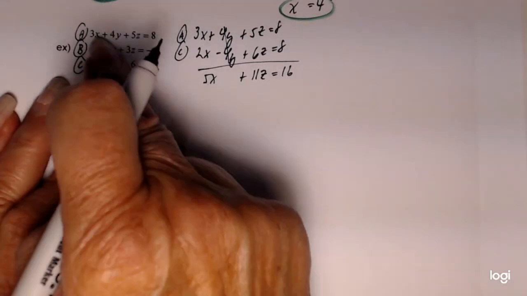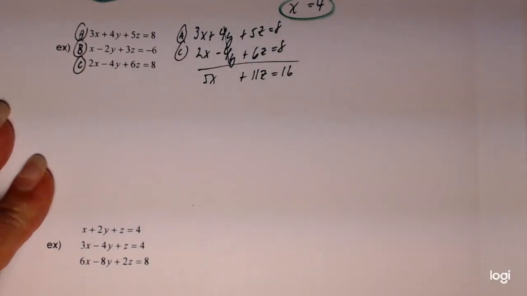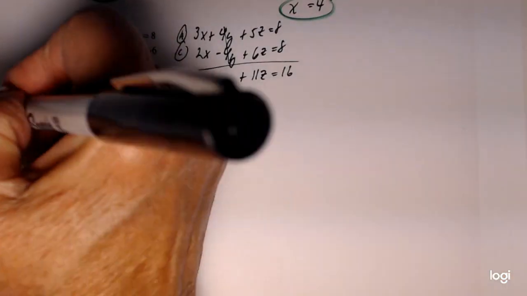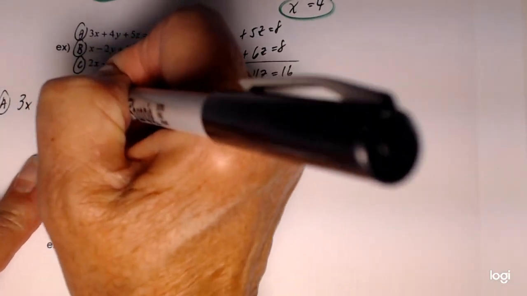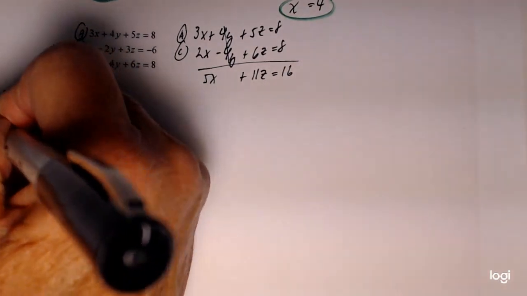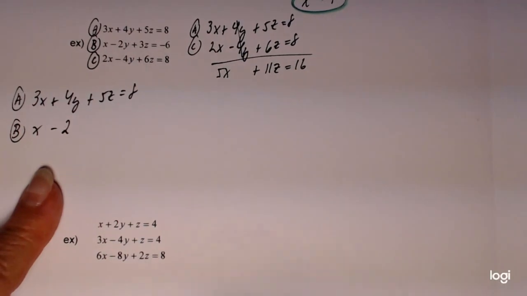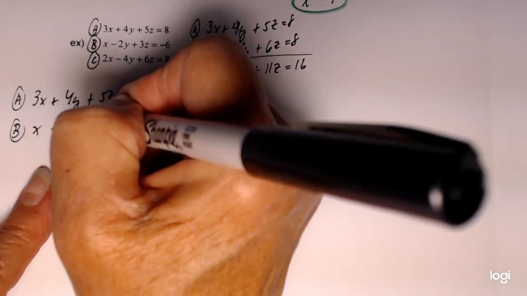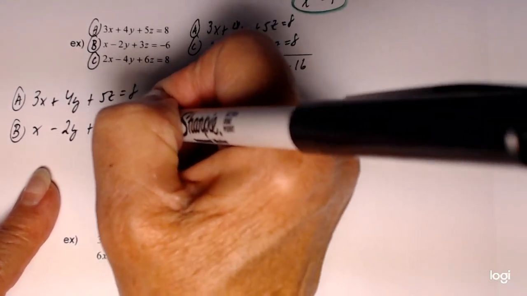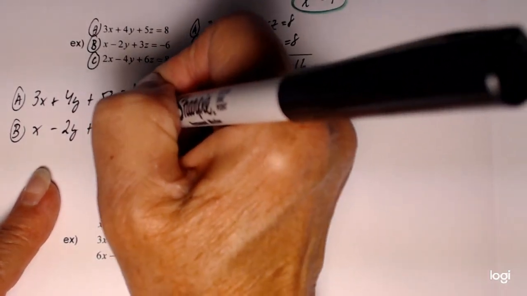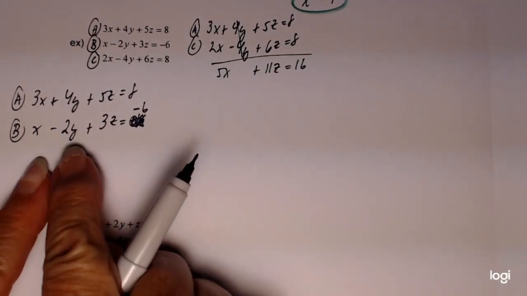Going back here, we've used A and C. I'm going to use A and B this time. So looking at A, we have 3x plus 4y plus 5z equals 8. And then B is x minus 2y plus 3z equals negative 6. We have to eliminate y.